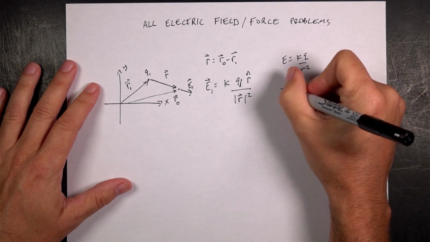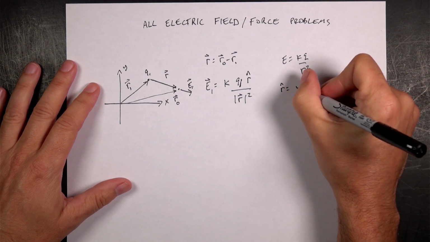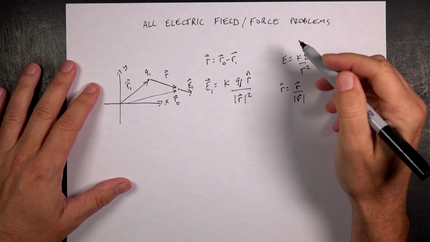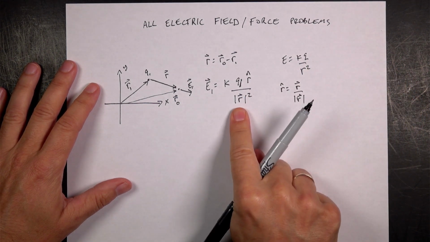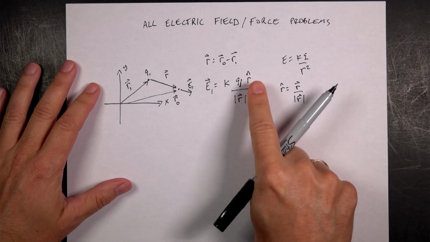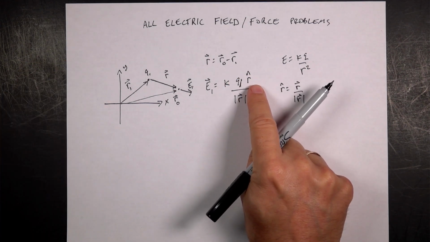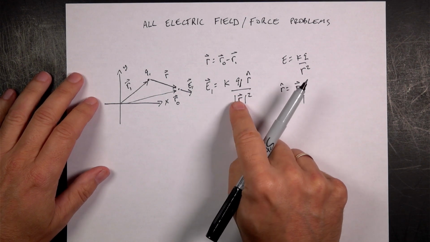R hat is a unit vector defined as R over the magnitude of R, and that gives me the direction. Without that, I take the magnitude squared of the vector, and then all that stuff is a scalar, so I need to make it a vector again. So I need that R hat. Why do we care?